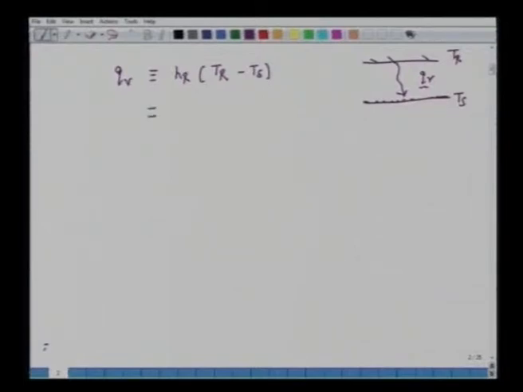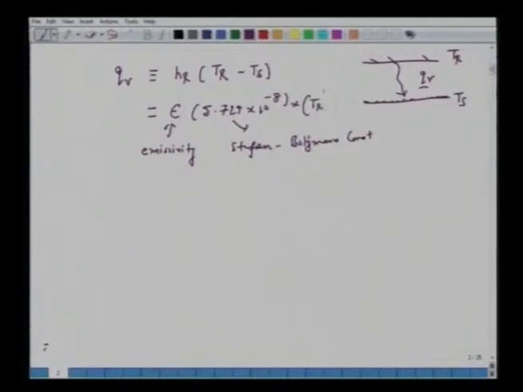But most fundamentally, this can also be equated to epsilon, where epsilon is the emissivity of the surface. We have a Stefan-Boltzmann constant. This number may be familiar to you. So this is the Stefan-Boltzmann constant multiplied by temperature raised to the power 4.